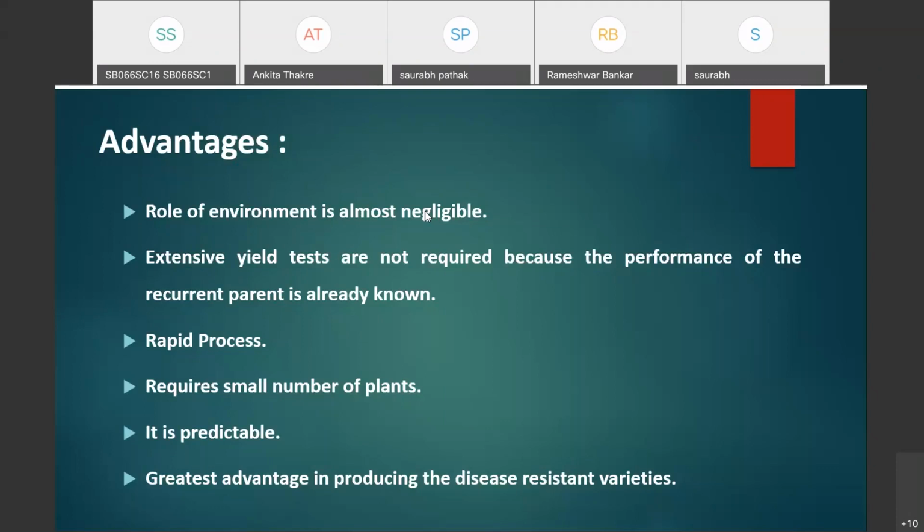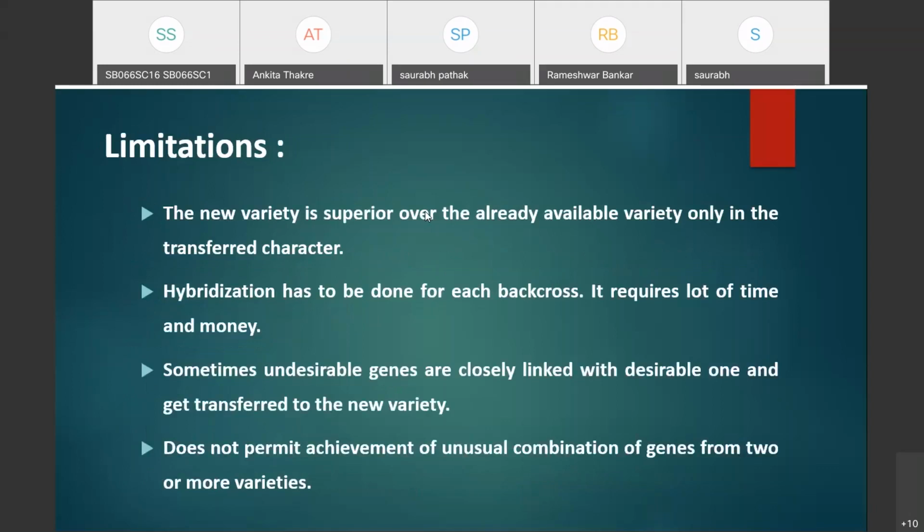The backcross method is entirely different from the pedigree method and the bulk method, and it can be used in both self pollinated and cross pollinated crops. Though there are certain advantages of using the backcross method for improvement in self pollinated crops, there are also certain limitations.